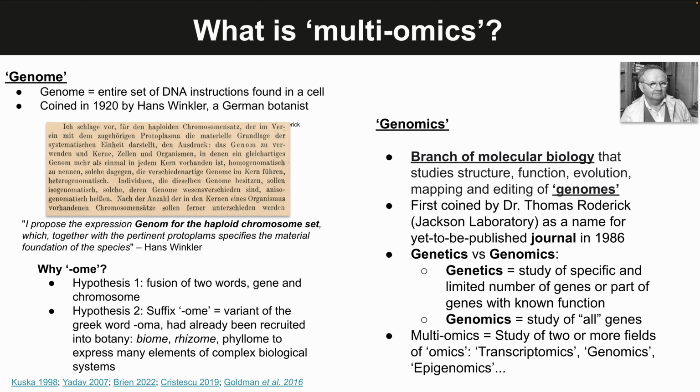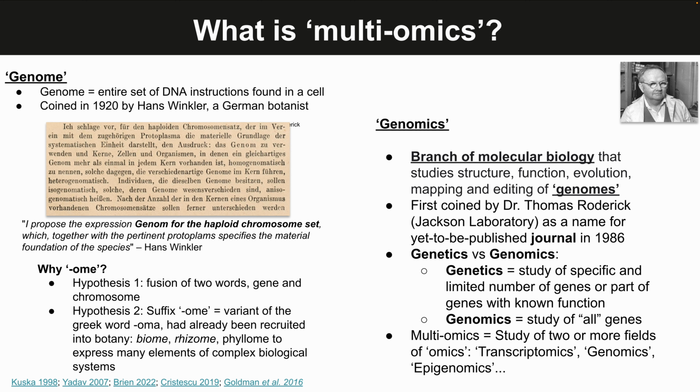It's an ome that comes from the terminology of botany, where this has been used in the past to talk about a Greek word which is oma, which finds its way into other fields like rhizomes and so on, which existed even before this particular term was coined, which essentially is an expression which encompasses all the complex systems or a complex composition.